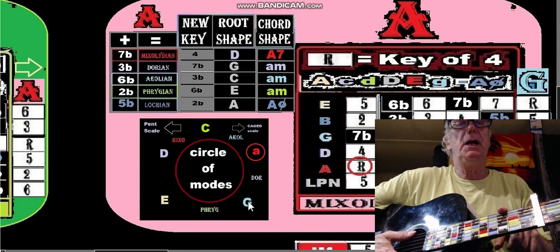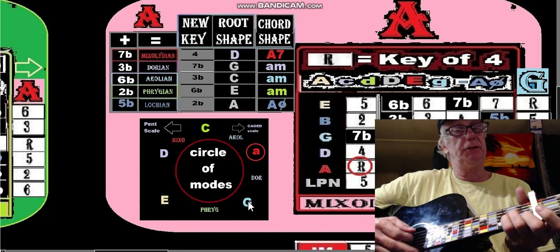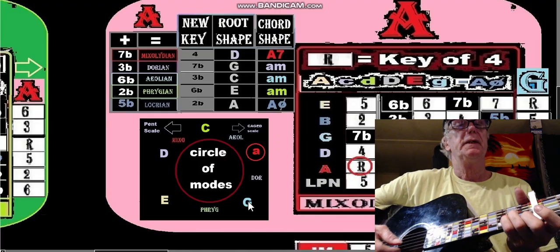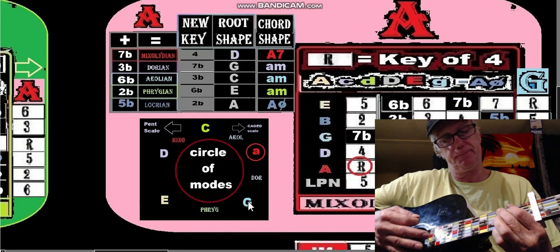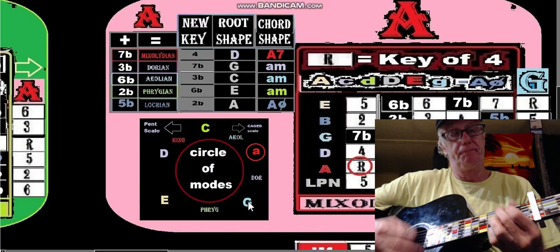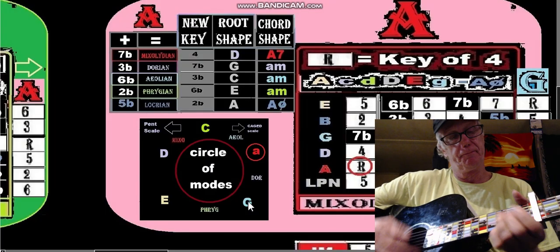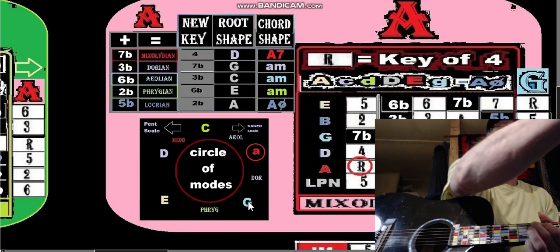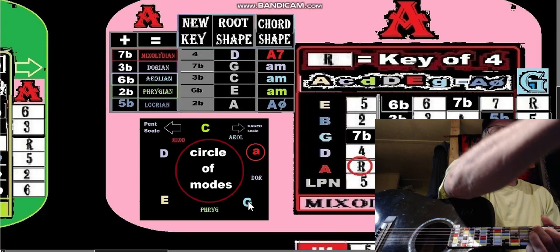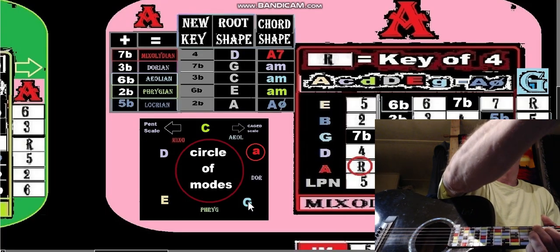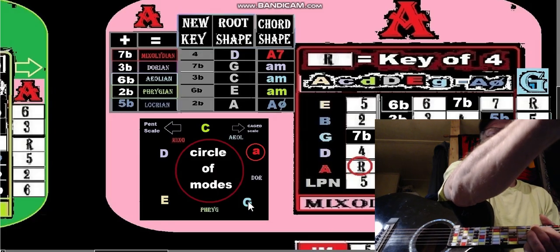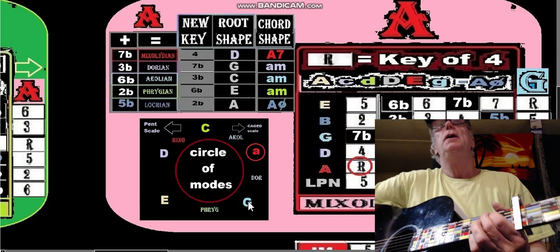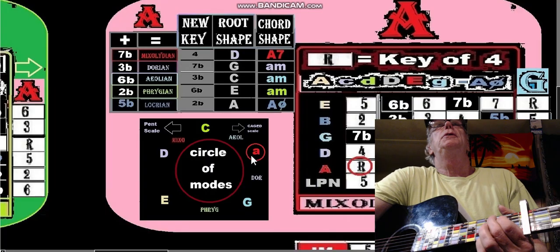Because C minor, A minor shaped C minor, is the Dorian of a G shaped B flat. Dorian is always the second minor. Okay? This is how the circle of modes works.